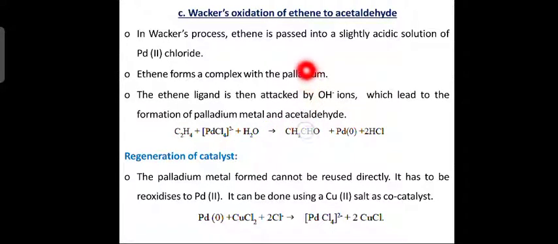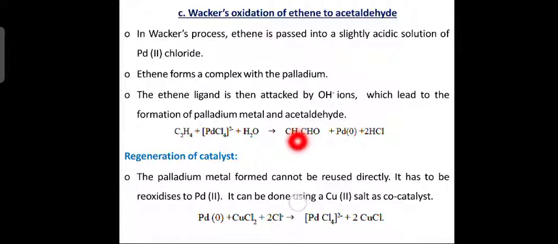So, this is the first step, that means the generation of the catalyst, by 3 steps. Now, in the presence of tetrachloropalladate, one ethene undergoes oxidation to give CH3CHO.